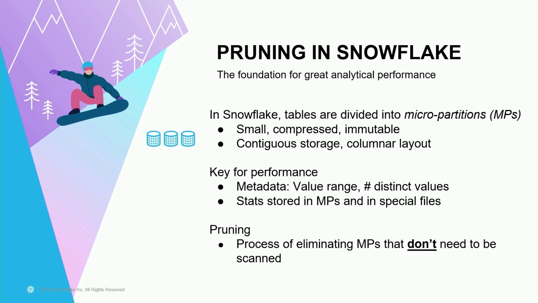While we are ingesting data, for each of the values in the column, we collect statistics such as the number of distinct values, the minimum seen, the maximum seen, etc. These statistics are stored in a special file in Snowflake. And pruning is the process where we use these statistics whenever a query comes in to eliminate reading several of these micropartitions, thus reducing the amount of data that is read and also decreasing the query runtime.